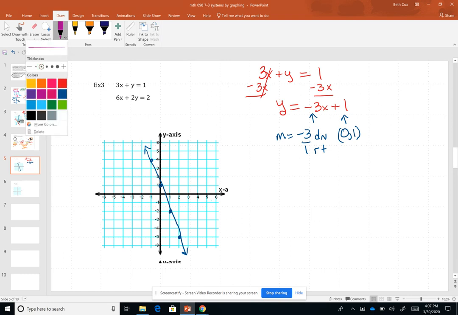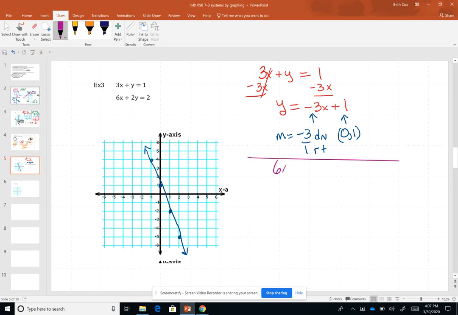All right, now my second line is 6x plus 2y equal 2. Okay, so I'm going to do it just like I did before, minus 6x on both sides. And I get 2y is equal to negative 6x plus 2. Now this one I am going to divide because there is something in front of my y.